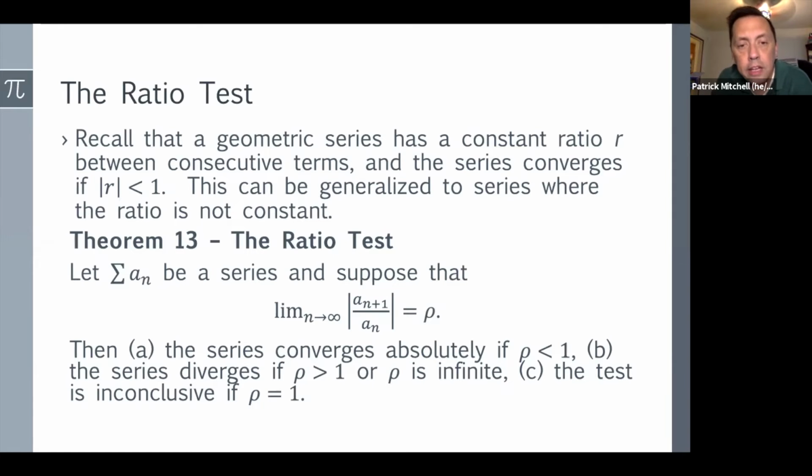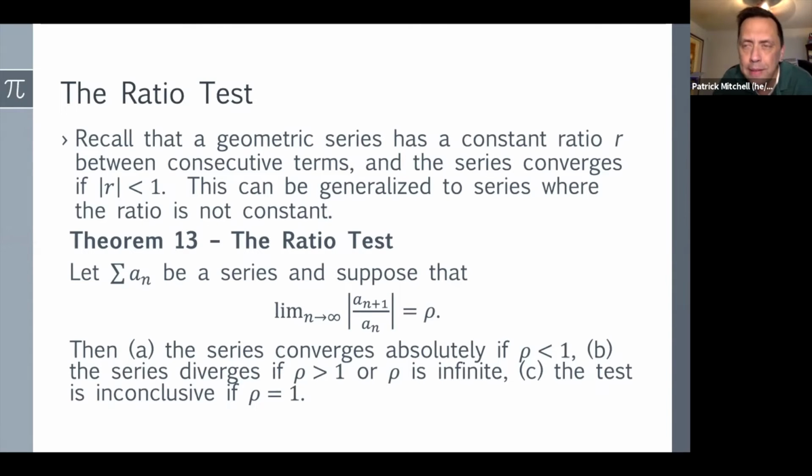All right, it turns out that the series converges absolutely and therefore converges if rho is less than 1, just like with your geometric series. This time we don't have to talk about the absolute value of rho because we already took the absolute value here. So rho will never be a negative number. The series diverges if rho is greater than 1 or is infinite.